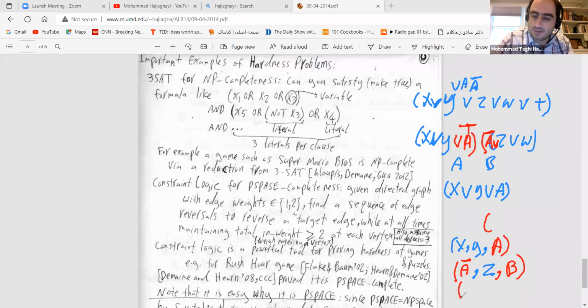Then the next one, I have B bar, then W, C here.